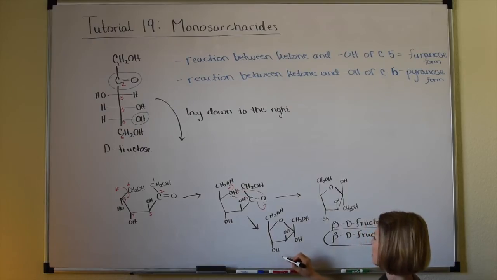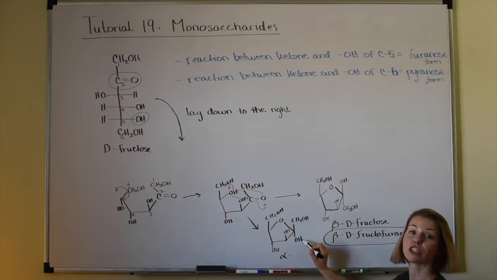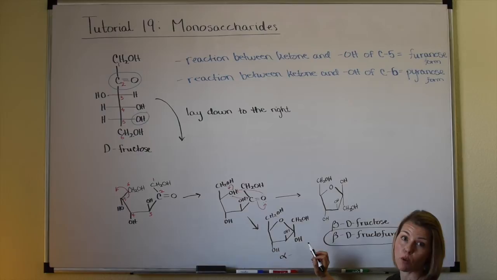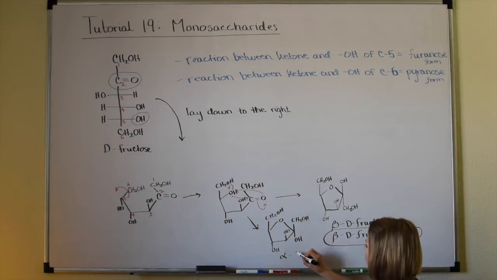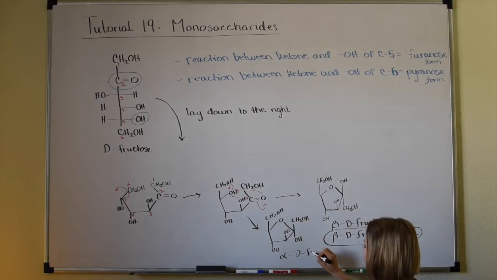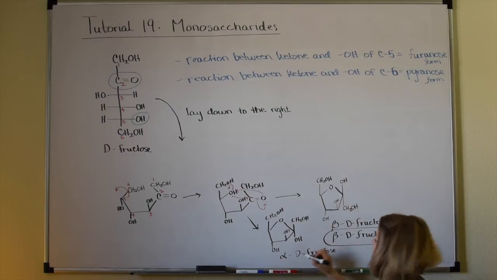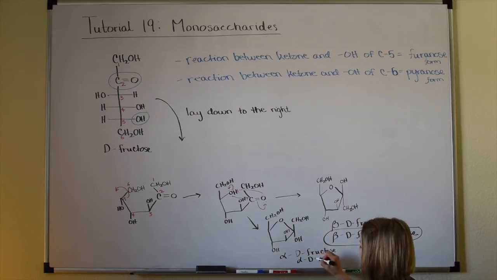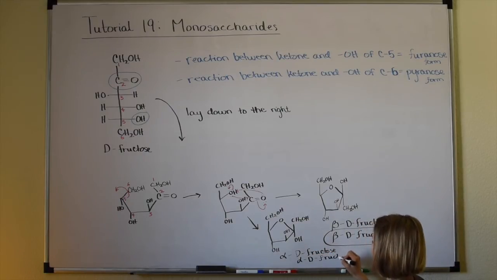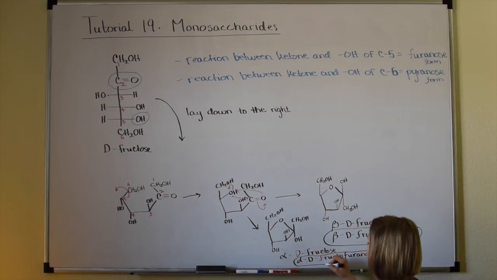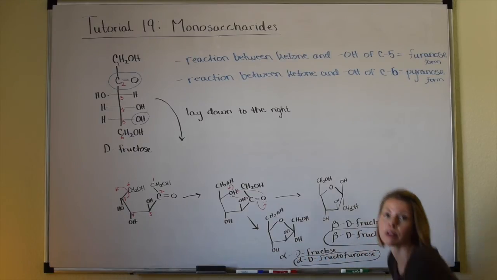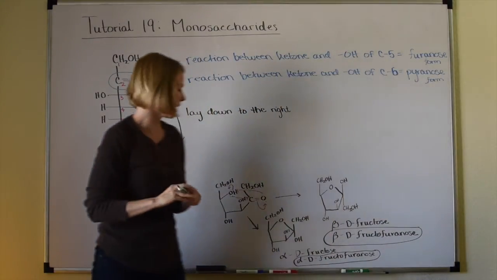Okay, so this is our alpha because the OH is on the opposite side of the CH2OH. CH2OH points up, the OH points down. This is alpha D-Fructose. Or more specifically, this is alpha D-Fructofuranose. The 5-membered ring form. All right.